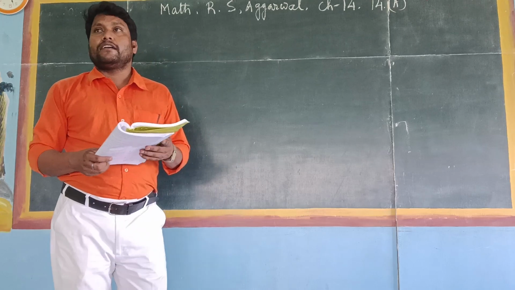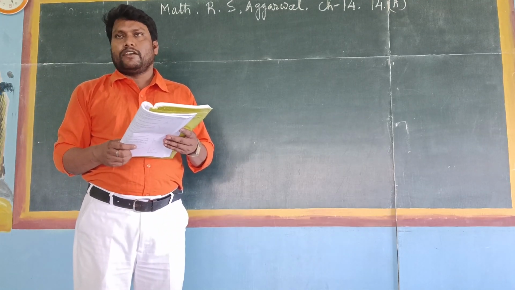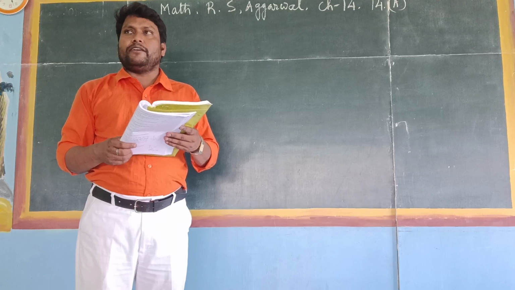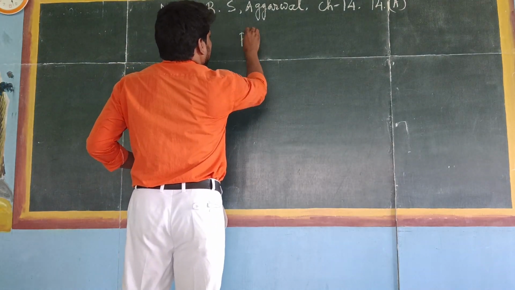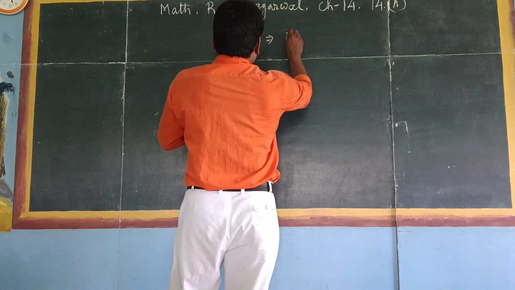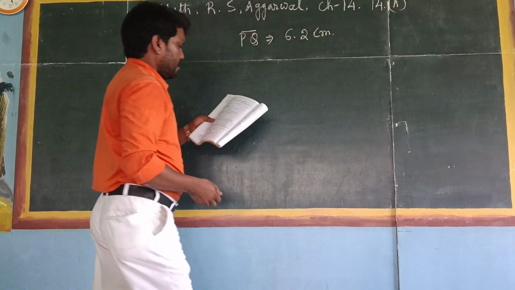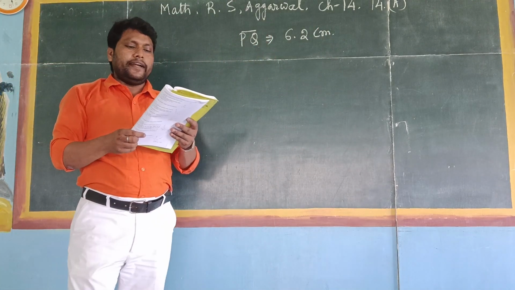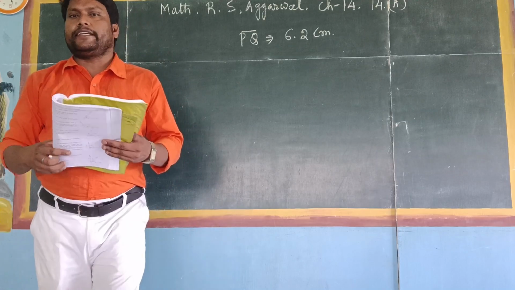Question number 1. Draw a line segment PQ. Its length is 6.2 centimeter, and draw the perpendicular bisector of PQ.